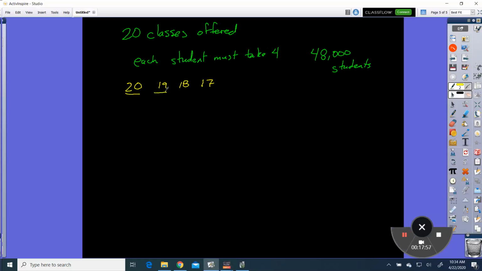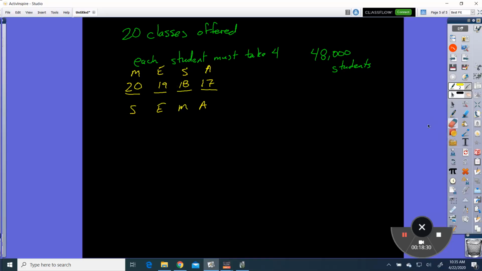So this is how many they could choose, right? But realize, if this is math, English, science, art, that's the same as this: science, English, math, art. Because it doesn't say the order, we don't have any order that really matters. They just have to have 4 courses. So this 4 is the same as that 4.